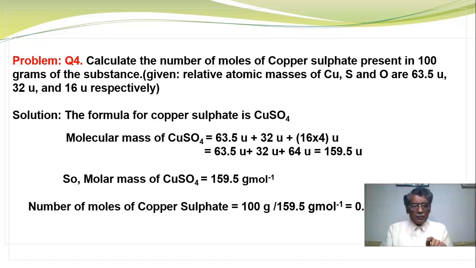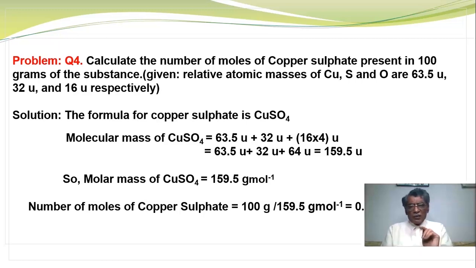Here, 63.5 u for copper plus 32 u for sulfur plus 16 multiplied by 4 for oxygen because it is O4. Then it is 63.5 u plus 32 u plus 64 u. It gives us 159.5 u.